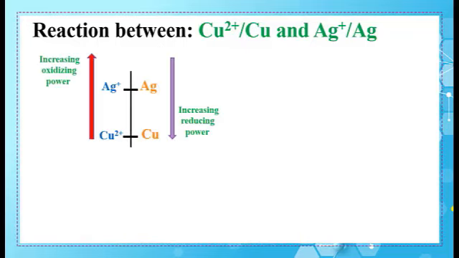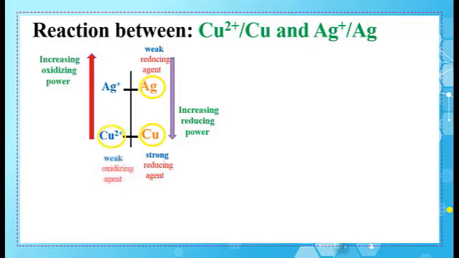Cu is below Ag in the increasing reducing power axis, so we can say that Cu is a stronger reducing agent than Ag, which is a weak reducing agent. And also in the increasing oxidizing power axis, we can say that Cu2+, which is below Ag+, is a weak oxidizing agent, and Ag+ is a strong oxidizing agent.